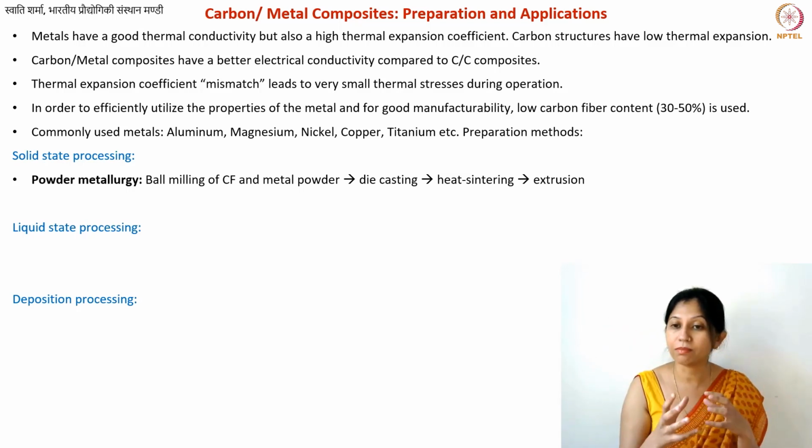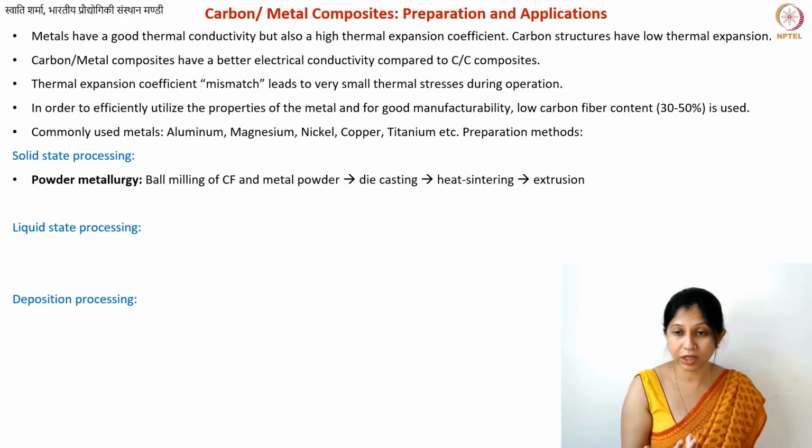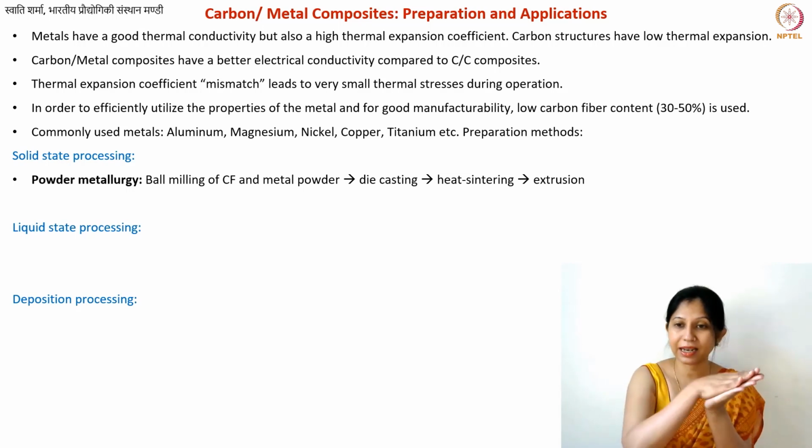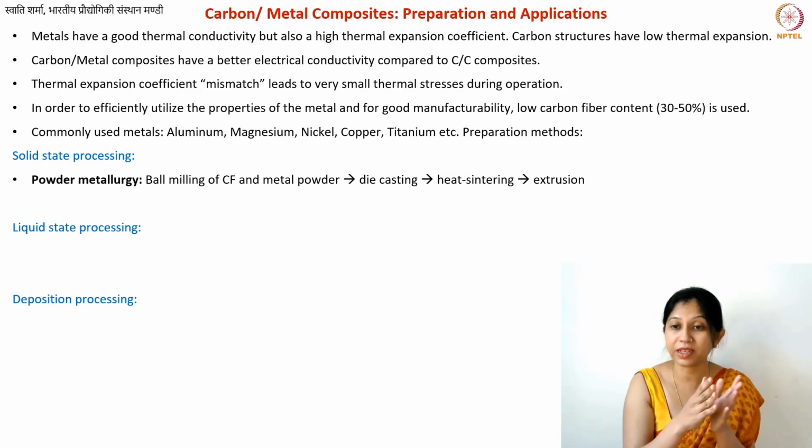And then you perform ball milling. Of course, you will need to optimize ball milling parameters, but this is how you mix the two phases, and then you can perform simple powder metallurgical techniques such as die casting. So you can now pack this entire mixture inside a die and then perform the heat treatments for sintering.